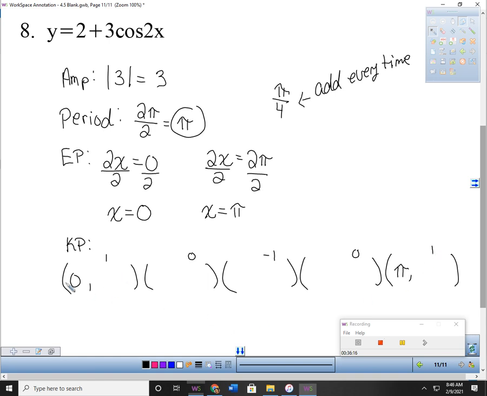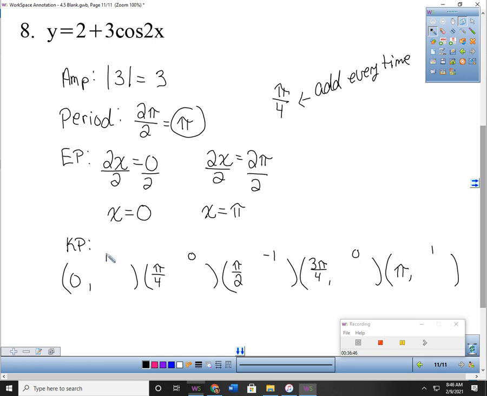So I need to figure out, first off, what all of these are, correct? So every time I'm going to add pi over 4. So 0 plus pi over 4 is pi over 4, plus another pi over 4 would be pi over 2, plus another pi over 4 would be 3 pi over 4. And then another pi over 4 would be pi.